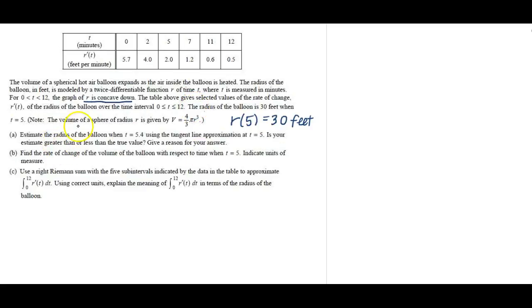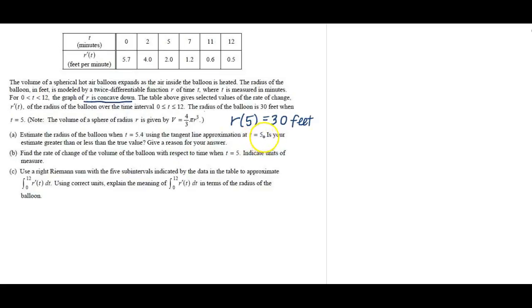Now, I don't actually want to go through and do every single one of these problems, but I do want to talk about them to show that we can actually do all 3 parts of this problem already. So part A says, estimate the radius of the balloon when t equals 5.4 using a tangent line approximation at t equals 5.